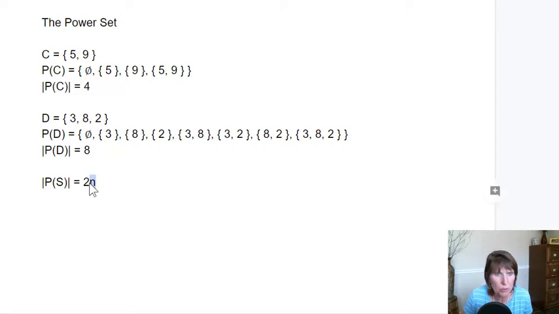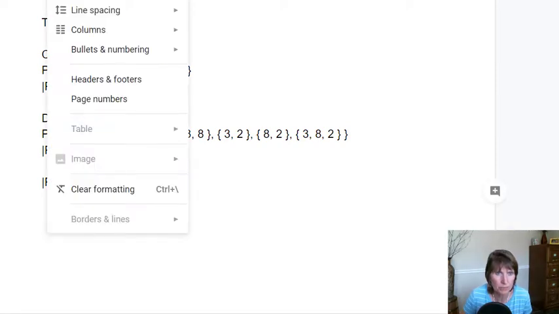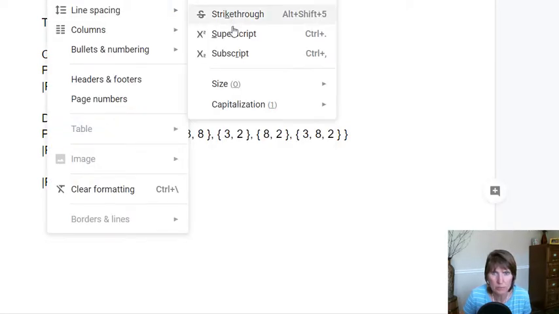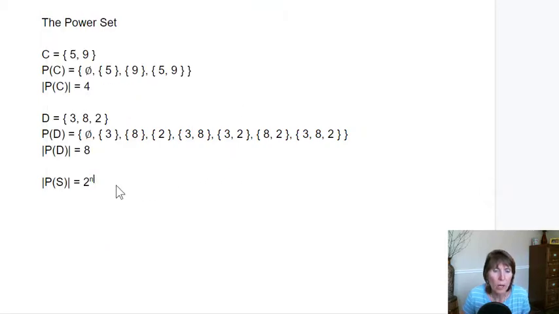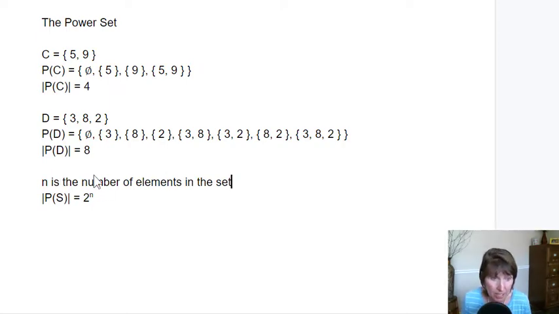Let's put this as a superscript. Where n is the number of elements in the set, or the cardinality of the set, right? So in the set S, where n is the number of elements in the set S, then the cardinality of the power set is 2 to the n.